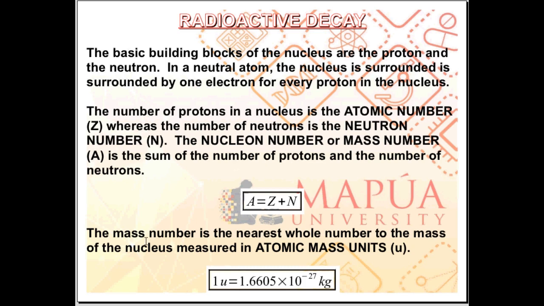The mass number is basically the nearest whole number to the mass of the nucleus measured in atomic mass units, U. 1 U is equivalent to 1.6605 times 10 to the negative 27 kilograms.